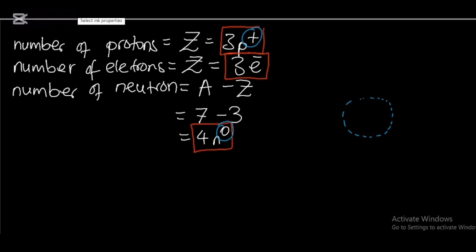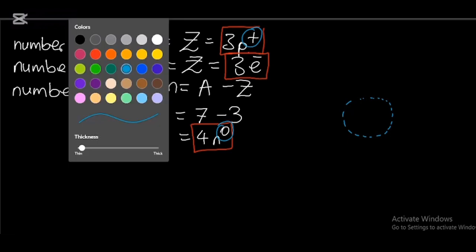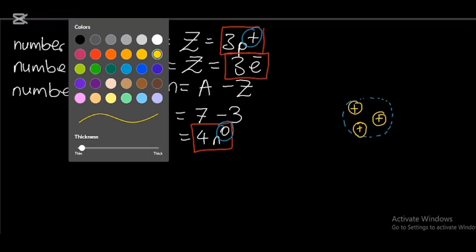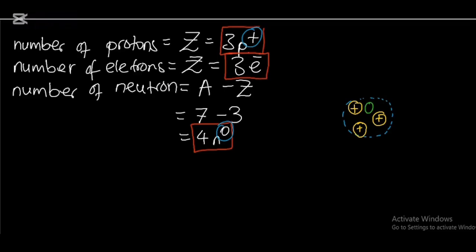I'll use the yellow color for protons, so 1, 2, 3 protons, right? And I'll use the green color for neutrons, which we have 4: 1, 2, 3, 4 neutrons. So this is a complete nucleus, and we are done with the nucleus.